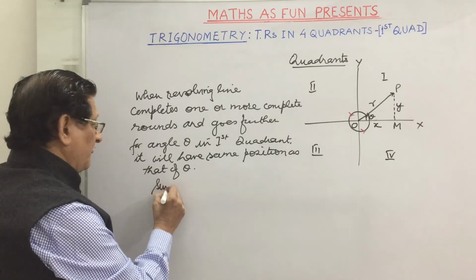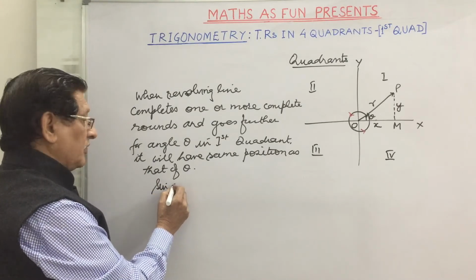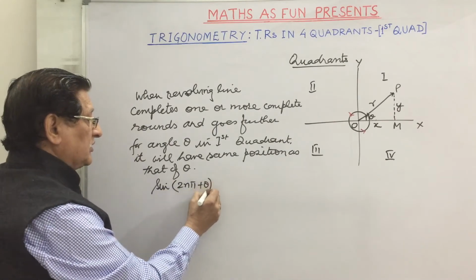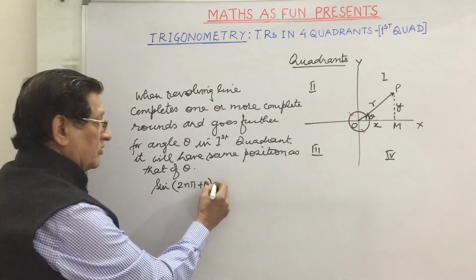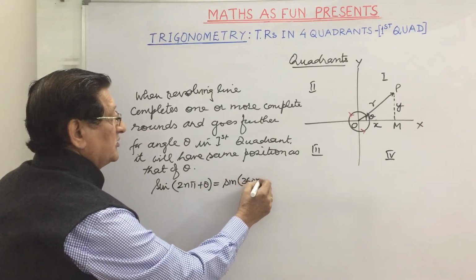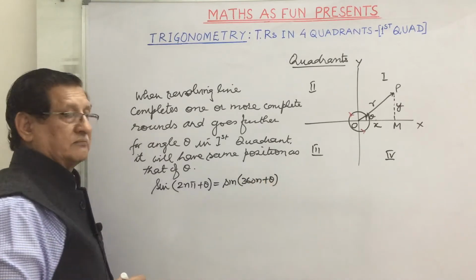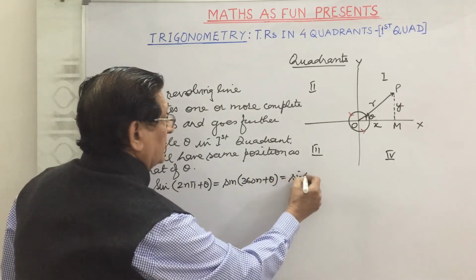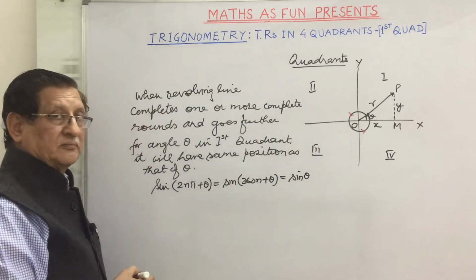It means if we go for sine of 2n pi plus theta, or we say it as sine of 360 into n plus theta, that will be same as sine theta. There is no change.